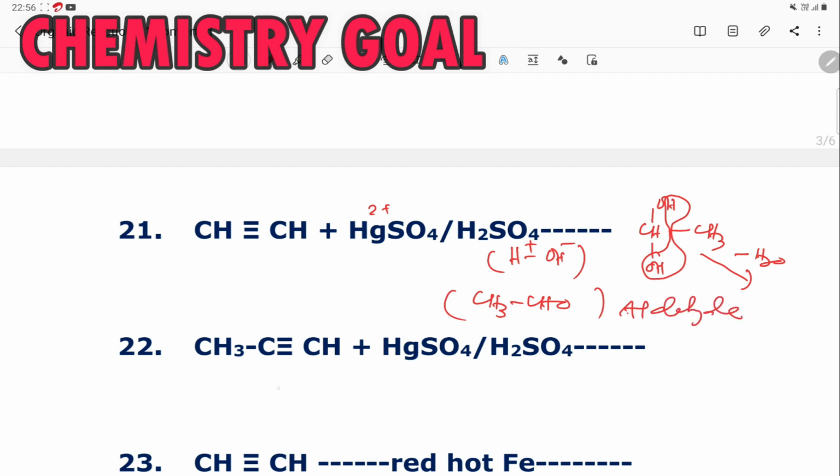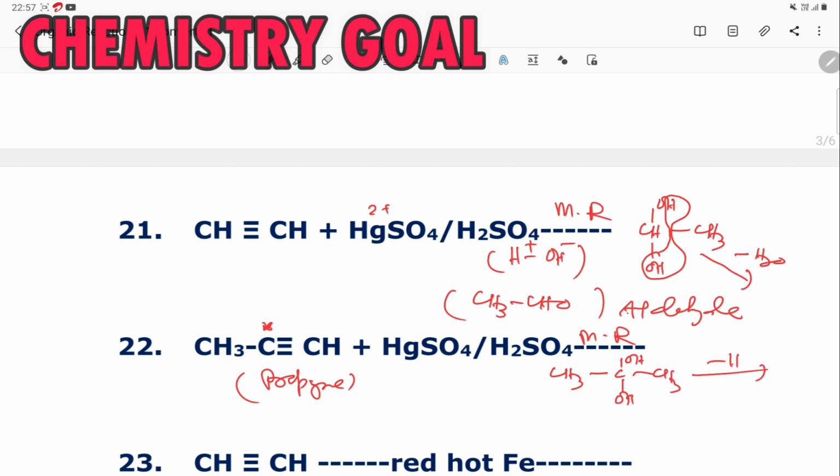But here this is propyne. In propyne, the middle carbon has less number of hydrogens; this also follows Markovnikov's rule. So after addition, the middle carbon has OH, OH and CH3.